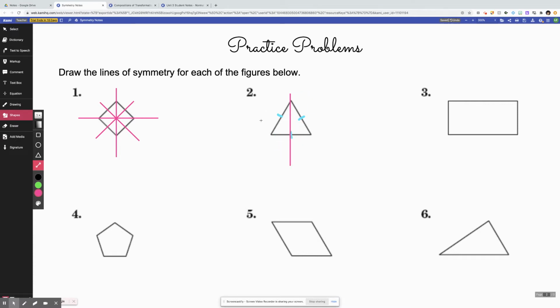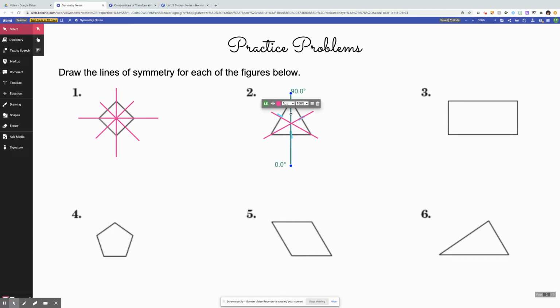I can't draw a horizontal line on this one because it won't make a perfect fold, but I can draw lines straight through each of my vertices here. And when I do, I have my three lines of symmetry for this equilateral triangle.